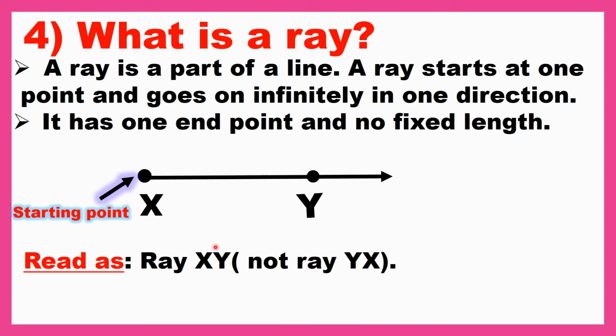In this way, we can identify the starting point of a ray by looking. So, the ray can be read as ray XY. It cannot be read as YX. Start from the end point.